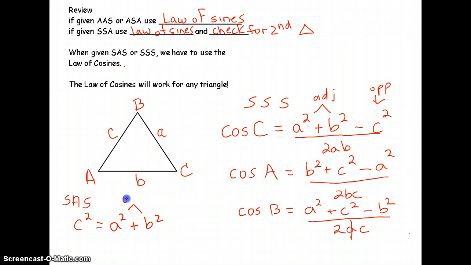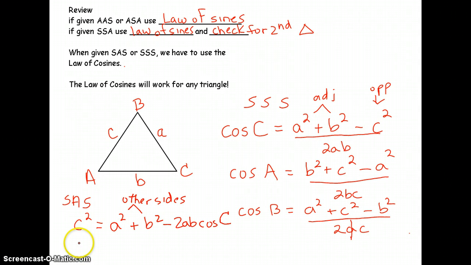These two are the other sides, not the one I'm trying to find. Obviously, they're the ones that are given. And then you're going to subtract 2 times AB, and then multiply that times the cosine of C, because C is the angle opposite the side that I'm trying to find.